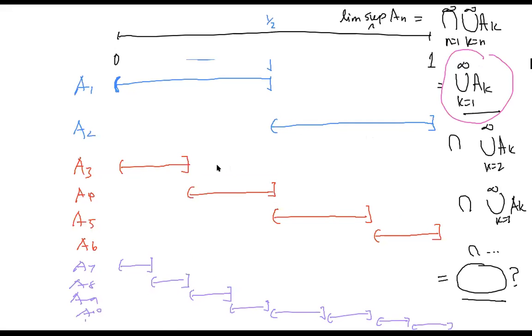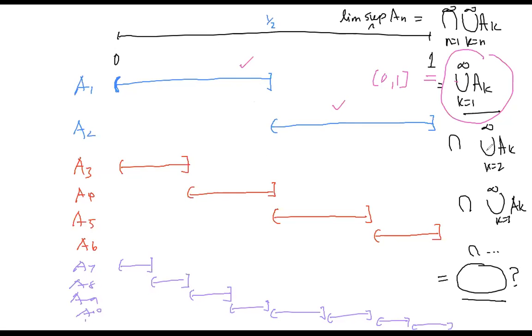Really? What is this set? You take A1 union A2. You don't have to care about the union of the rest already, because this is already your 0, 1. It's got A1, it's got A2, you take the union, and it already forms your 0, 1. So this is 0, 1.